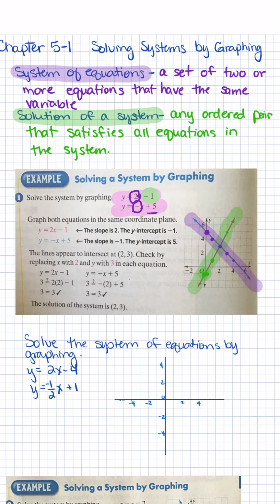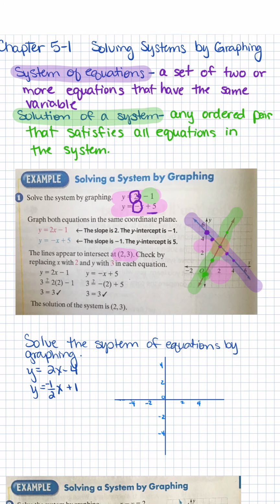The key is to see right here where they cross each other. That is x is 2 and y is 3. So the lines appear to intersect at (2, 3). Then we can check that.